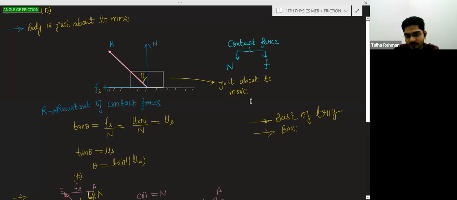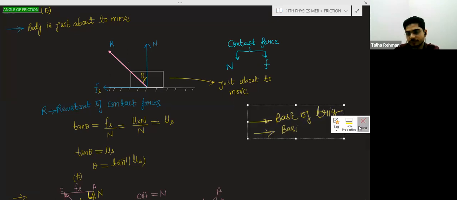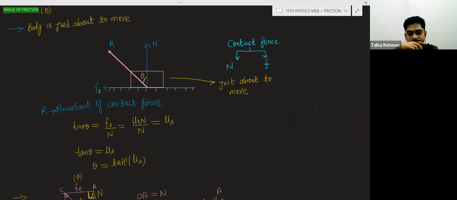Basically basic maths you should know, I want to say that. And there is one chapter, vectors. There should be a good command of that chapter, because that chapter is going to help you a lot during your 11th and 12th.